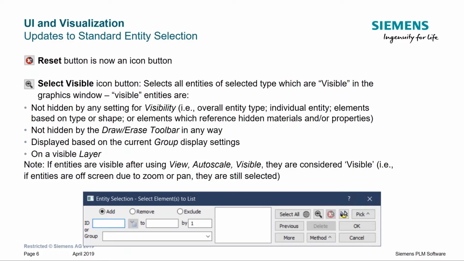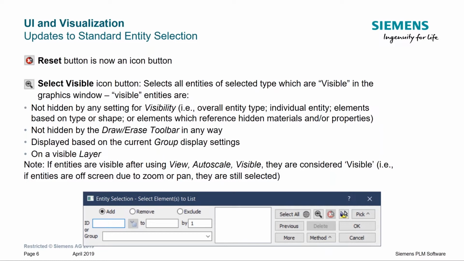One of the big things done to the user interface was updating the entity selection dialog box. We've changed the reset button. Instead of hitting reset, there's an icon button, basically the little X marks the spot button. And then there's a new option called Select Visible. This allows you to select all entities of the type that are visible.